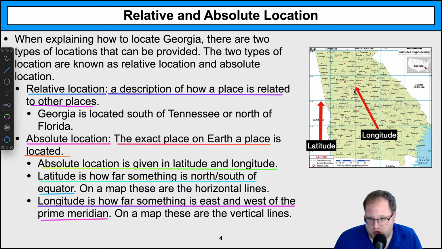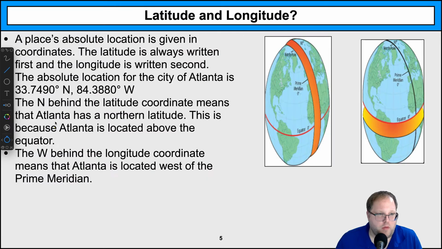And since Georgia is west of the prime meridian, or in the western hemisphere, these numbers, which you unfortunately can't see on the map right here, would have the letter W behind it to let us know that it is a western longitude. Latitude and longitude.